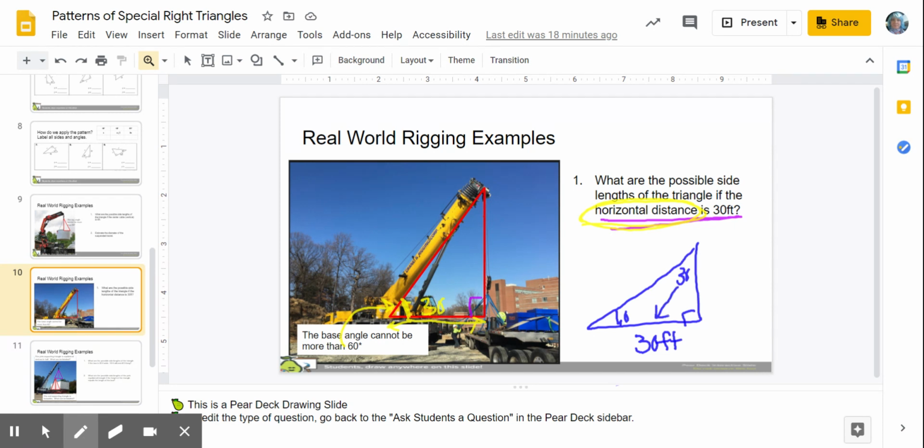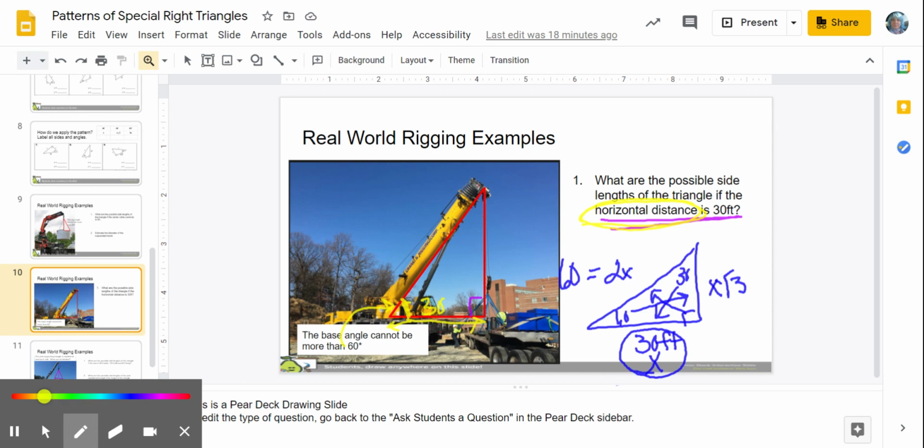So opposite the 30 is the x. Opposite the hypotenuse is the 2x. And opposite the 60 is the x square root of 3. So if x equals 30, what's 2x equal? 30 plus 30, 30 times 2? Yeah.